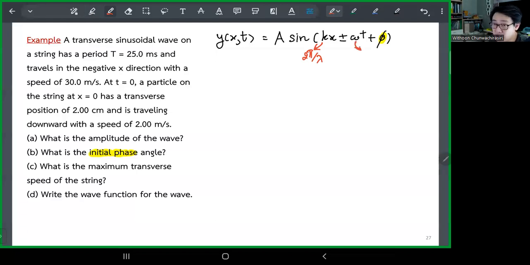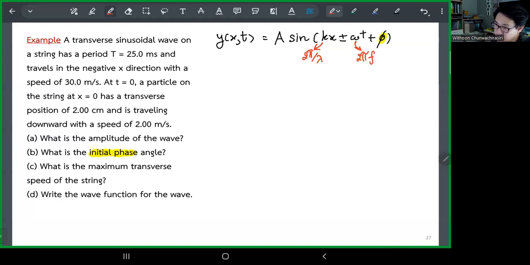Now, the number that goes in front of the time variable t, that is your angular frequency or angular speed. And that links directly to frequency. So if you have angular, it means you just add 2 pi to it. And if you don't, it's just f, the frequency. Cool.